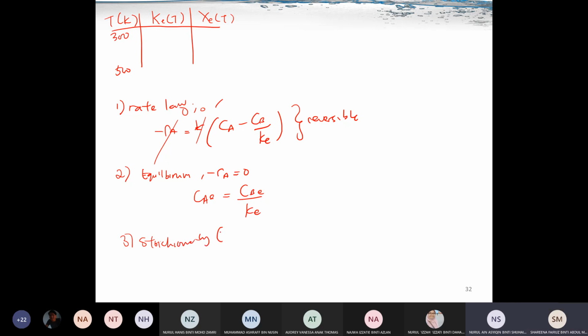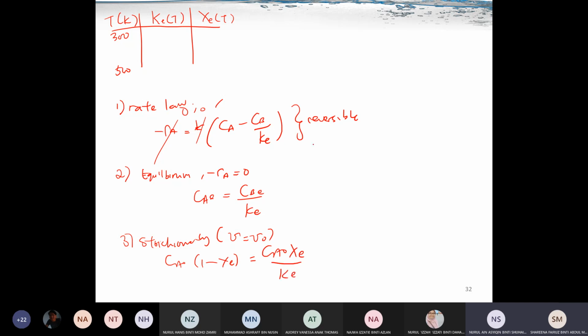Okay, then nombor 3, kita kena buat stoichiometry. Okay, so bila this is CSTR, so kita assume volumetric flow rate dia adalah sama at any T. Alright, so just substitute lah. So this one kena pecahkan dia in term of the conversion, which is CA naught times 1 minus XE, and then CBE, this is product, so CA naught times XE over KE.